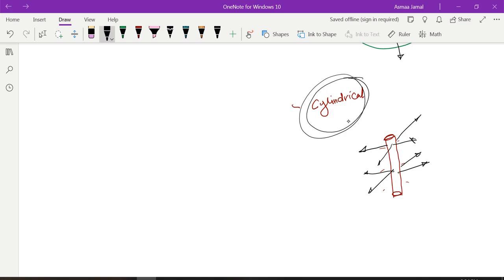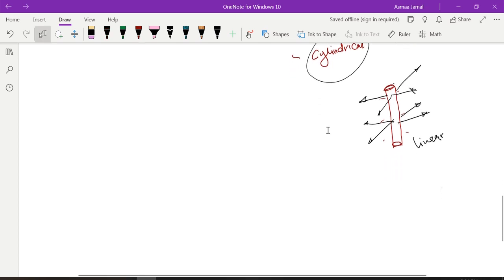So a cylindrical wavefront forms when we have a linear source of light.